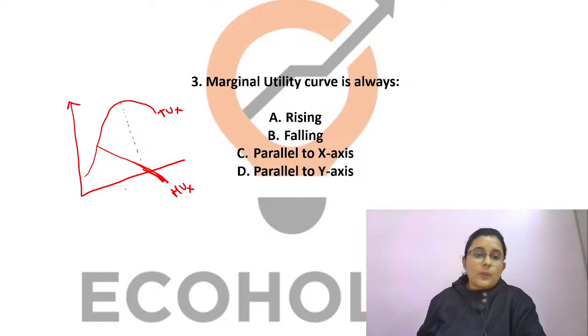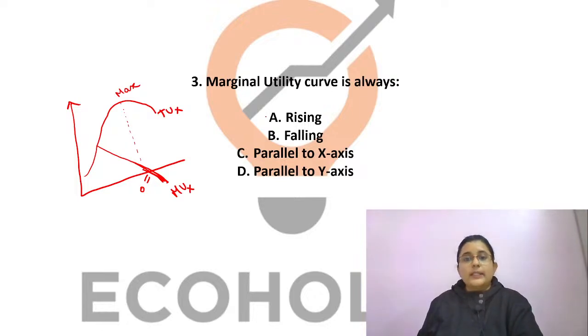What can I see from this diagram? That MUx is declining and it equals 0, or it intersects the x-axis, at the point where TU is maximum. So I can definitely say that the marginal utility curve is always, to a certain extent, falling. Falling must be the best option from all the options that have been given to you.